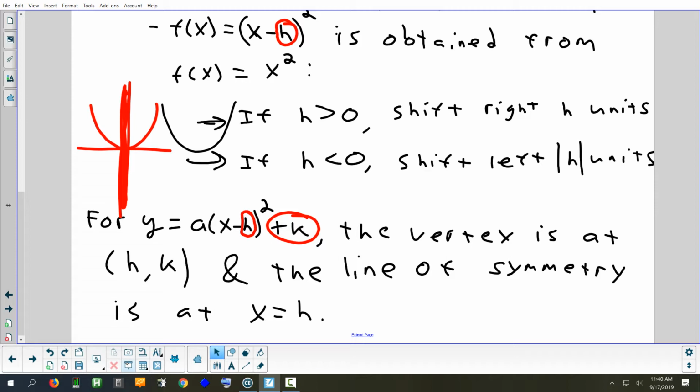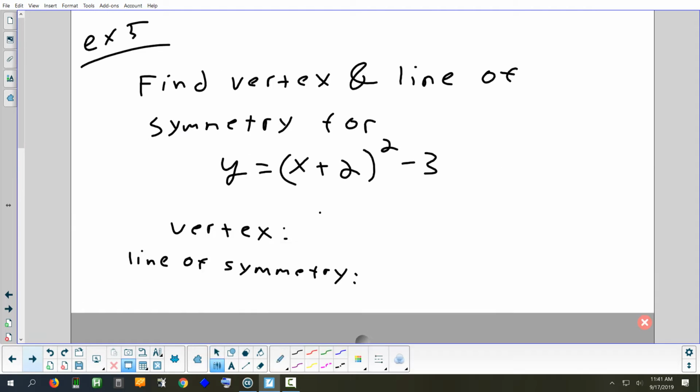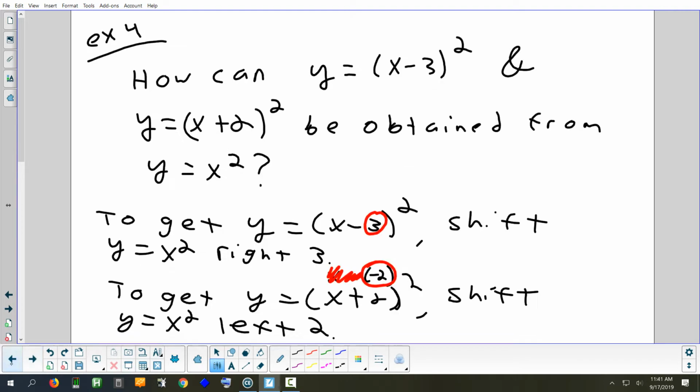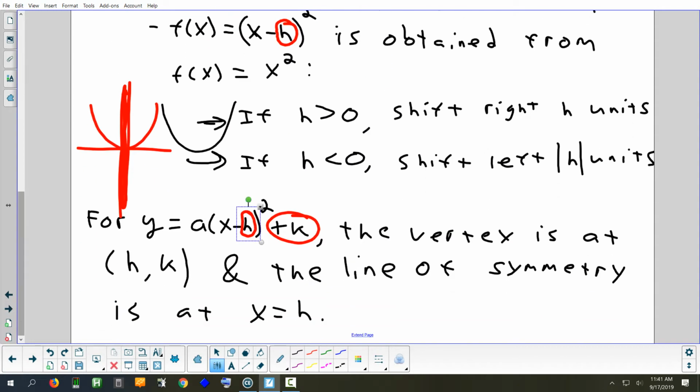Okay, so let's try a problem where we write down the vertex and line of symmetry. Let's start with the vertex. So remember, vertex is h comma k. But we got to be careful. What is h in that case? It's -2. Because the vertex is always the number after the minus sign.